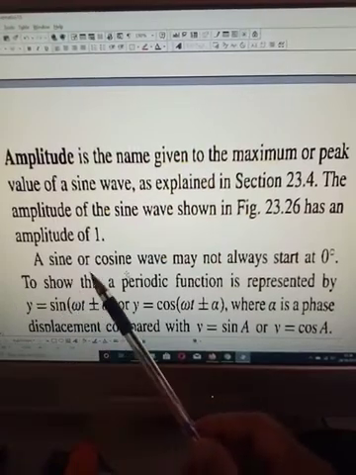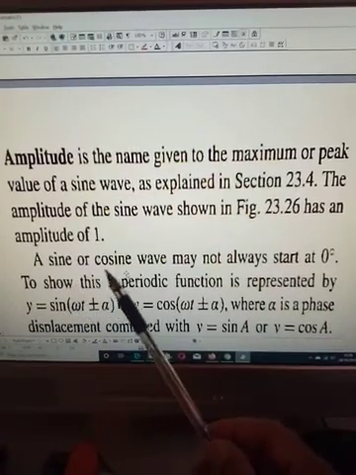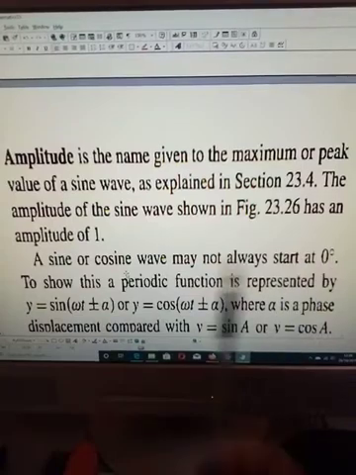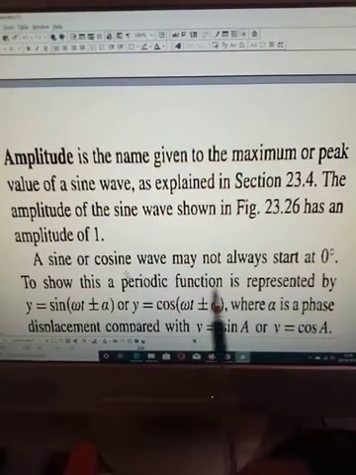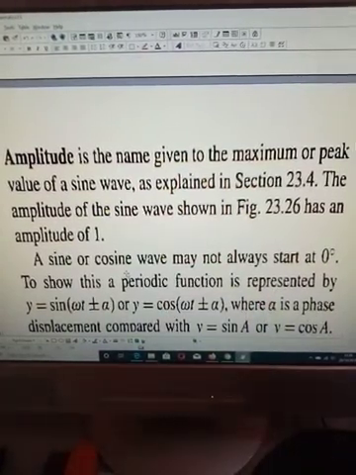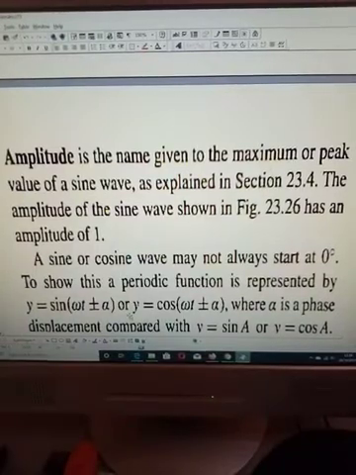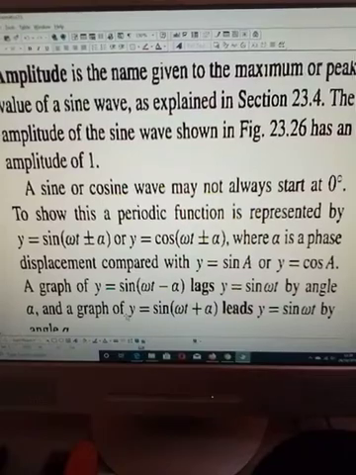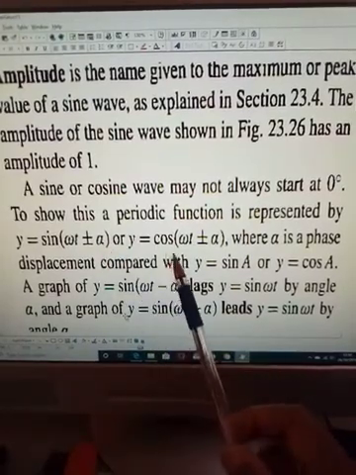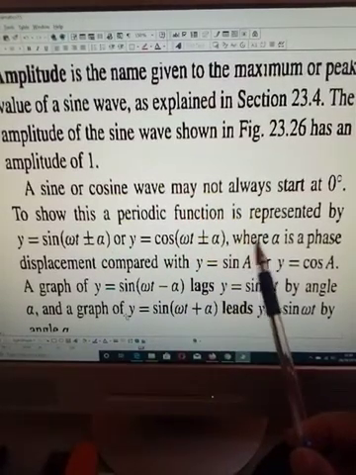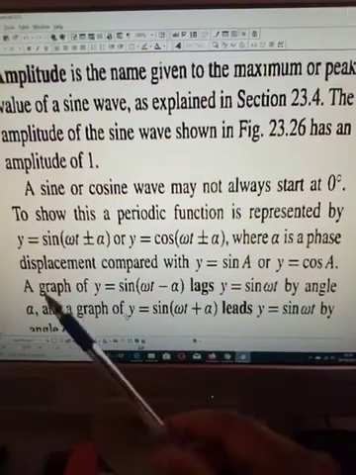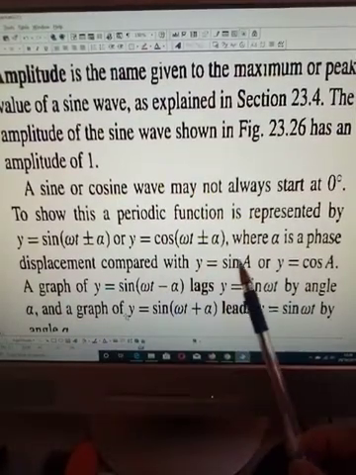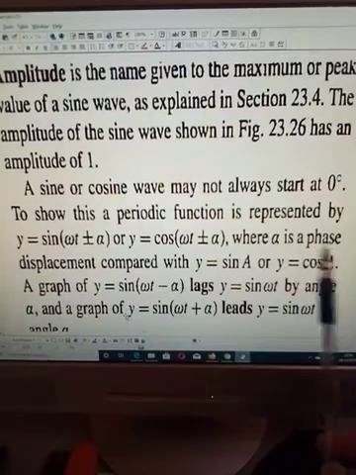A sine or cosine wave may not always start at 0. To show this, a periodic function is represented by y equals sine omega t plus or minus delta, or y equals cos omega t plus or minus delta, where delta is a phase displacement compared with y equals sine a or y equals cos a.